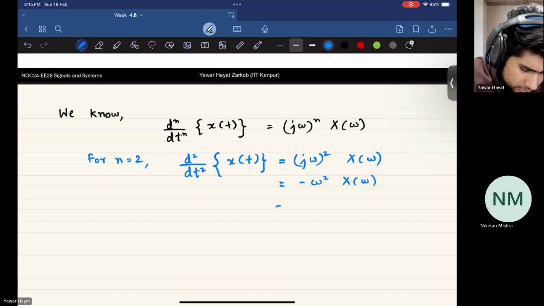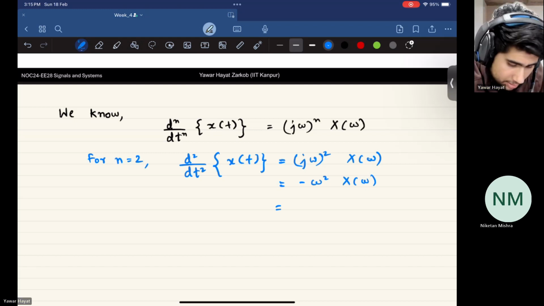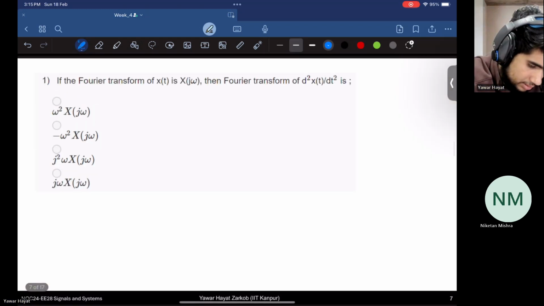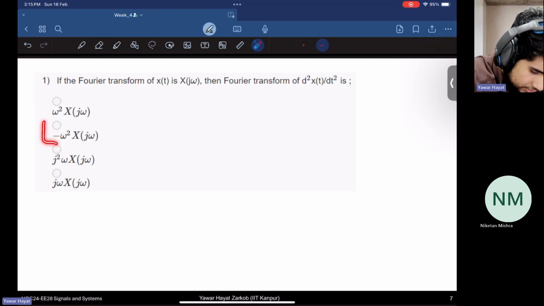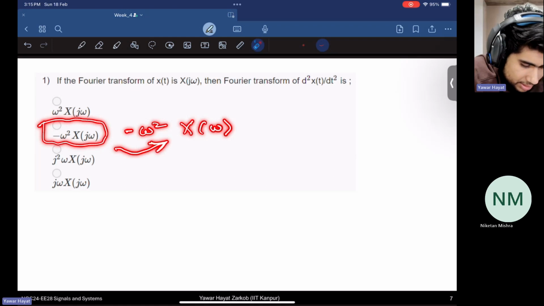Which option is correct then? This one, right? Why? Because this is the same as this. For simplicity, I'm just using x of omega instead of x of j omega.